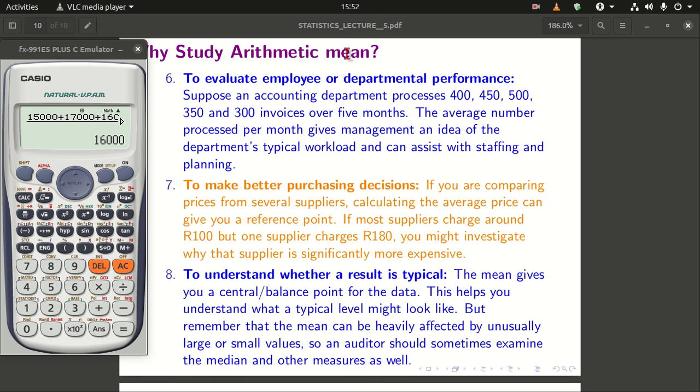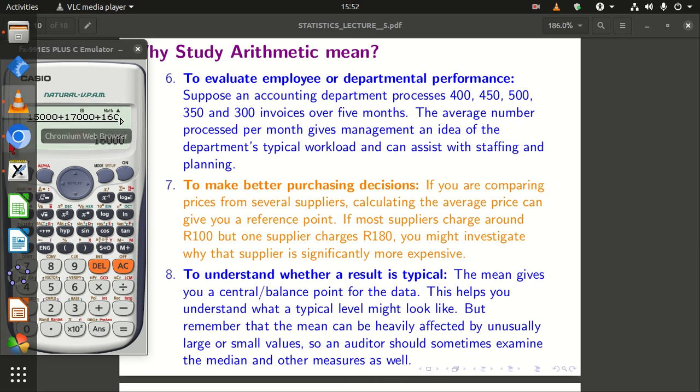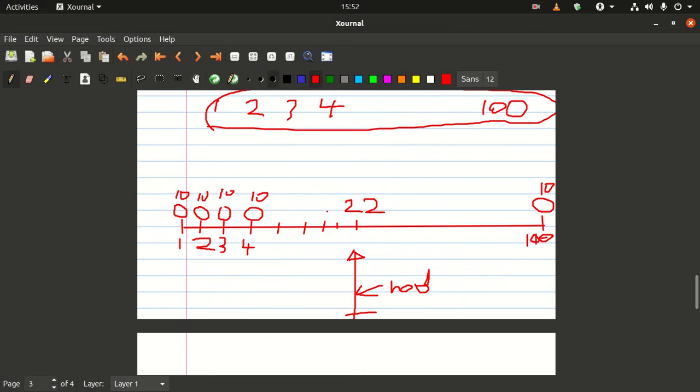But one thing that I want you to realize here is this. If you have data, I gave you an example here. I'm not sure if you noticed. I gave you this example whereby I have 1, 2, 3, 4, and then you have 100.